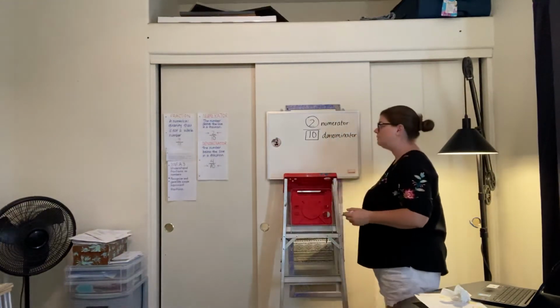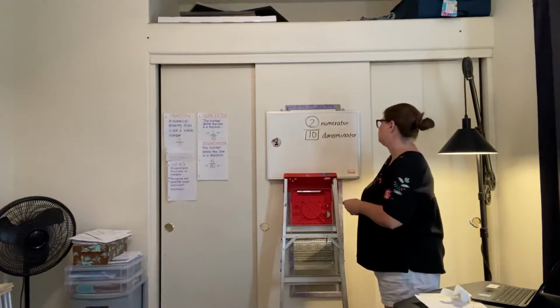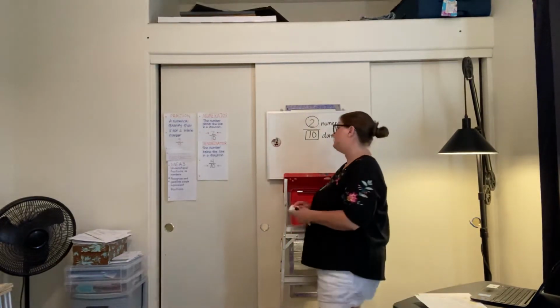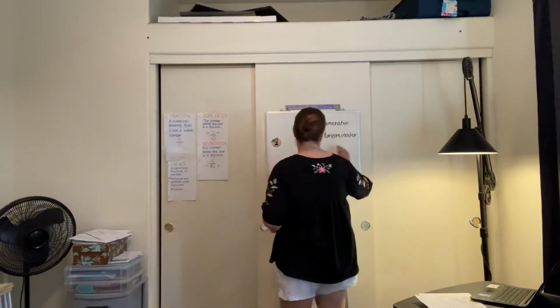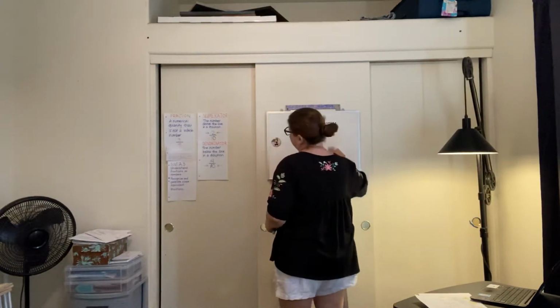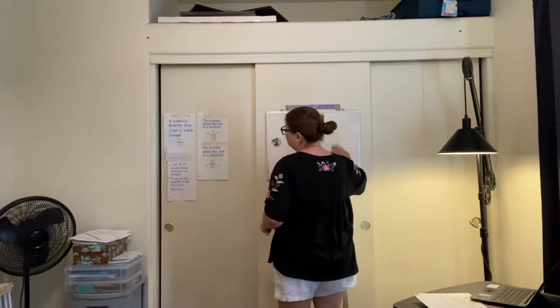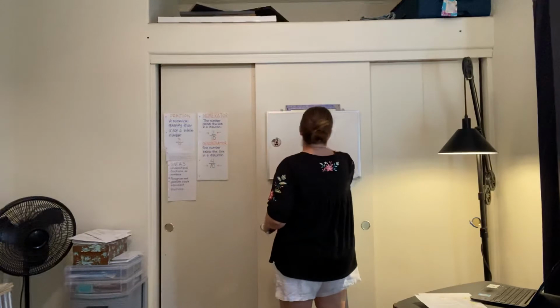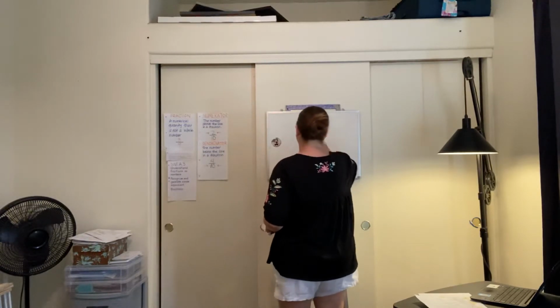Okay, and that's our number below. So the numerator is the top number, and the denominator is the bottom number, okay? And equivalent fractions are fractions that are equal in value, but have different numerators and denominators, okay?